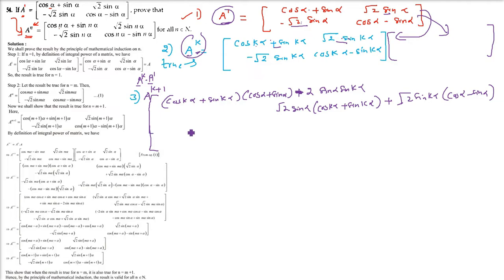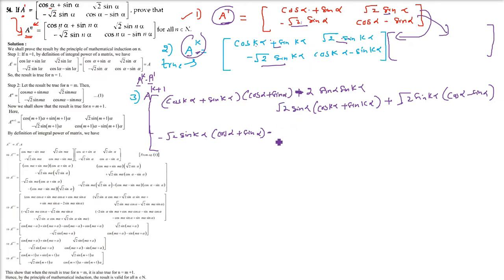Now we are taking the second row of A raised k and the first column of A raised 1. So minus root 2 sin k alpha multiplied by cos alpha plus sin alpha, plus cos k alpha minus sin k alpha multiplied with minus root 2 sin alpha.